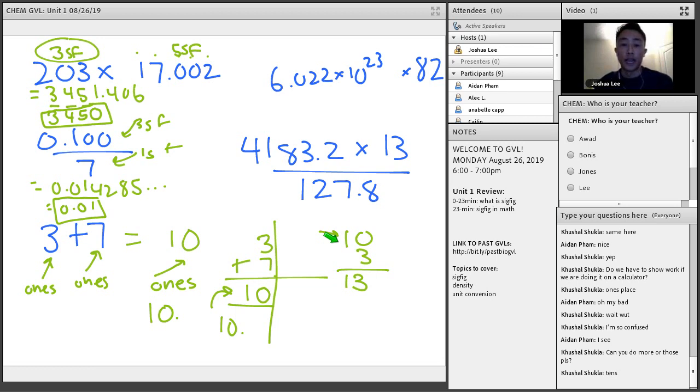So if you had the option of either ending in the tens place or the ones place, you want to go with the one that ends first, which would be the tens place, if you're reading left to right. So if I draw a dashed line all the way down, I want to keep that tens place. So my answer would actually be 10 without a decimal.